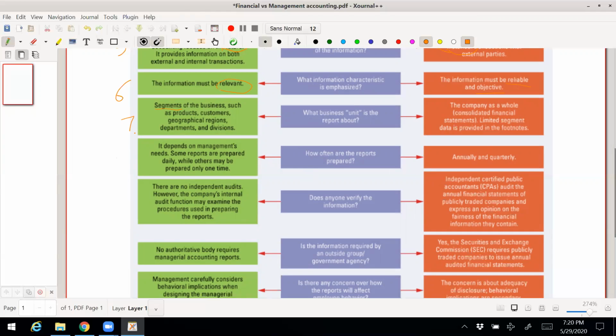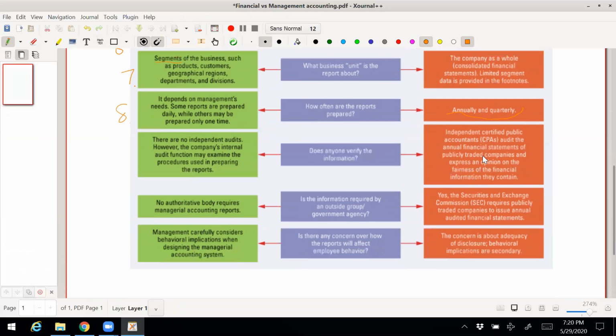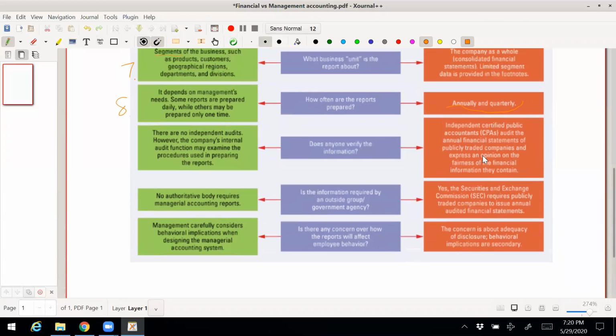Remember, it's internal. Next one: how often will it be reported? Financial accounting, based on SEC requirements, is reported annually, every year, or at least quarterly. Managerial accounting is like your study plan: you can have any plan you want, and reports are based on need.